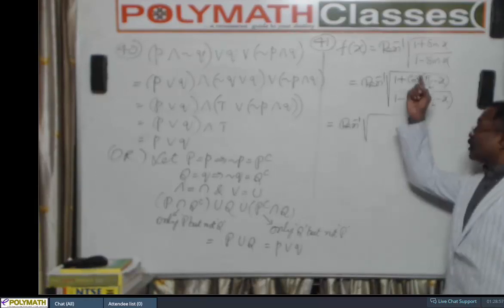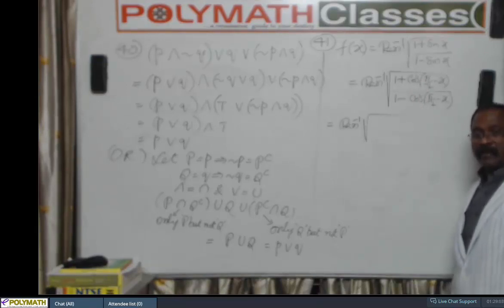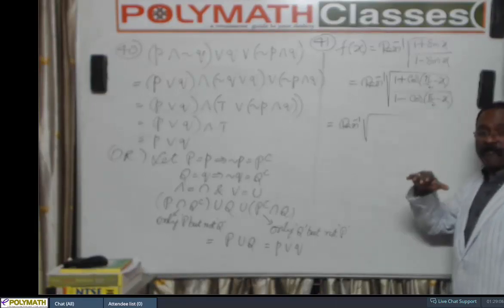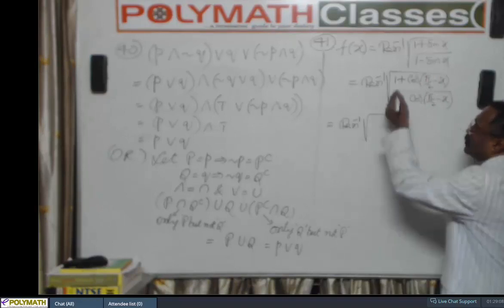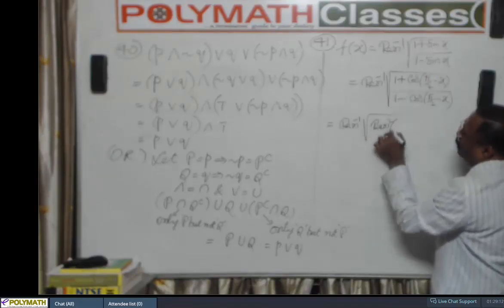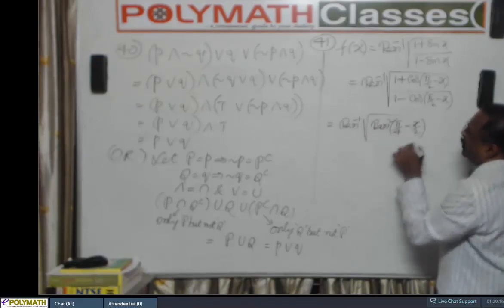So 2 cos square theta by 2 sin square theta, which is nothing but cot square theta. That means this will become half. So it becomes cot square of pi by 4 minus x by 2.